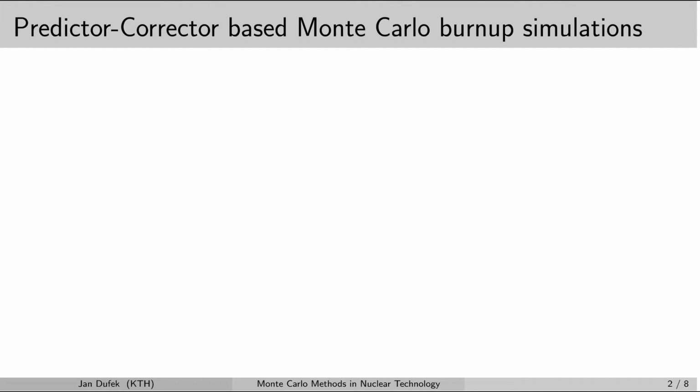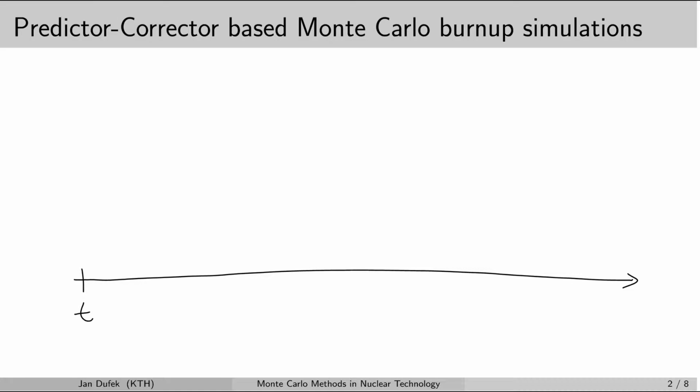So I'm going to describe the scheme on two time steps. So I will have time t0, t1 and t2. So at time t0 the system is described by the initial nuclide field vector n0.